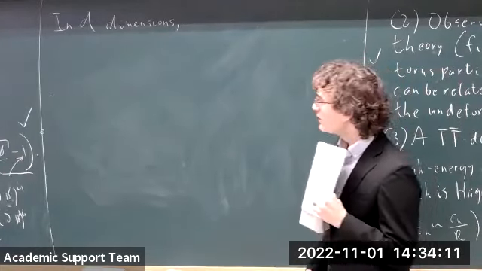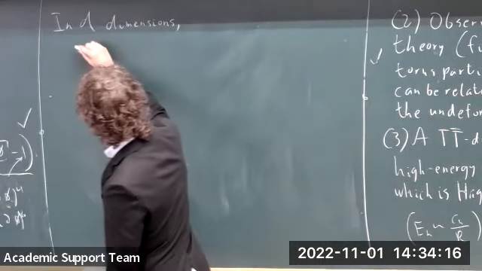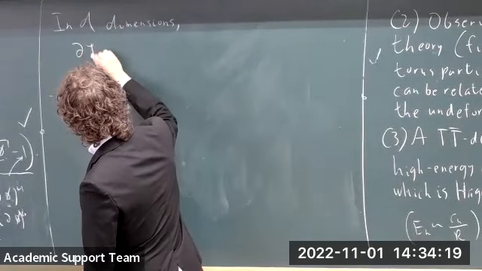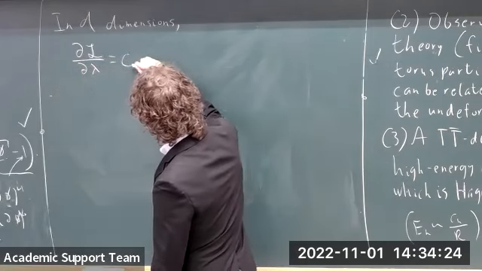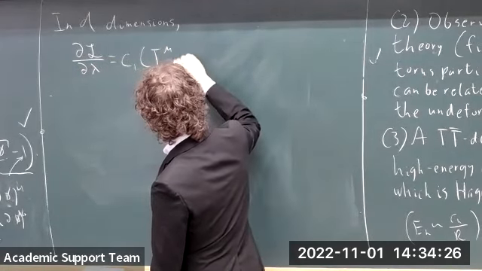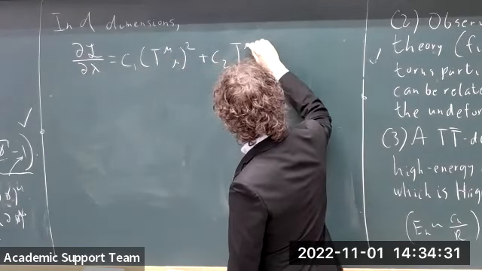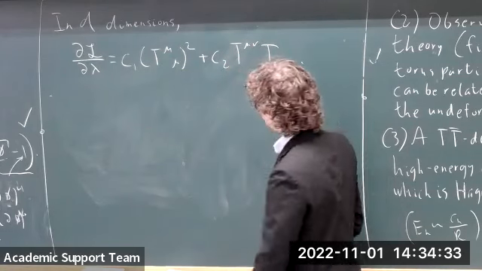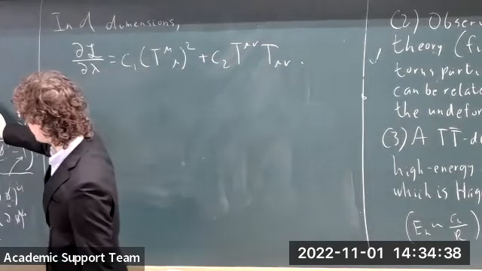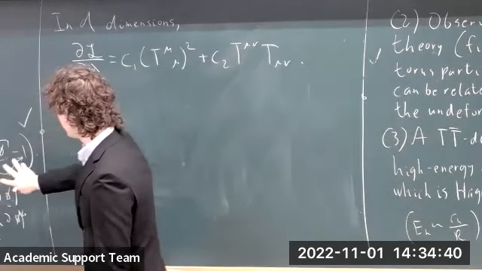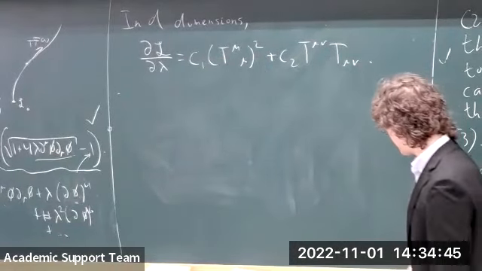The first thing you might try is to make an ansatz: the differential equation is d Lagrangian d lambda equals some number C1 times the first trace invariant, the trace of the stress tensor squared, plus some other constant C2 times T mu mu squared. You would try to choose these constants so that the same property holds, that if you begin with a free scalar theory, you find something with a square root. And you will find that that fails.